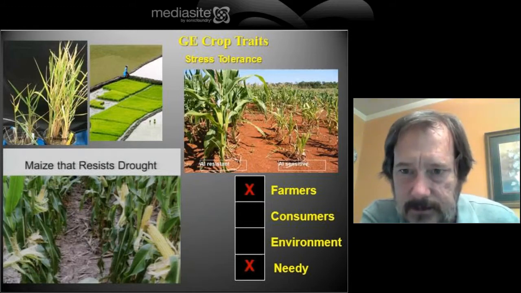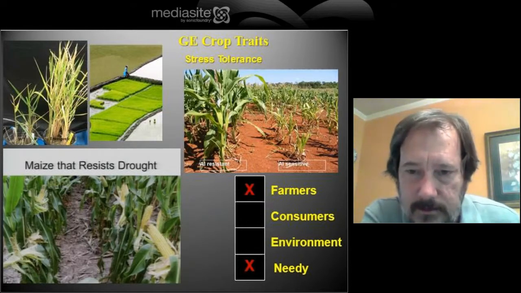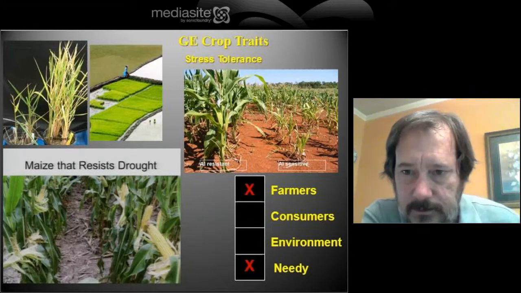And then on the top right, some aluminum tolerant corn, which could be a huge benefit to many areas of the world, the tropics, where you have acidic soils and aluminum toxicity, which is certainly even a problem in the southeast and in North Carolina on a lot of soils.